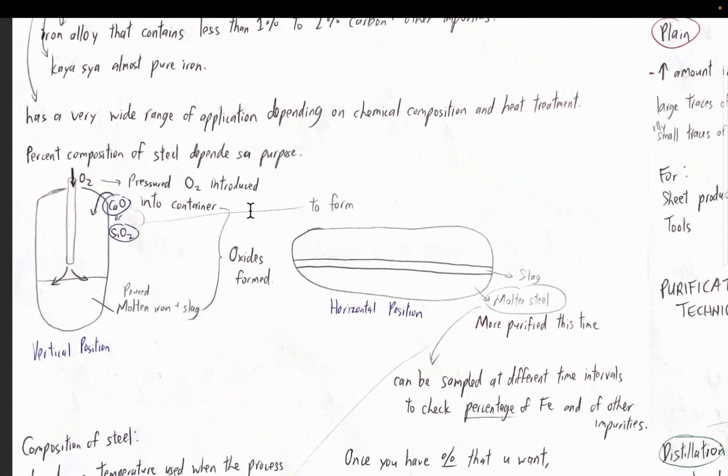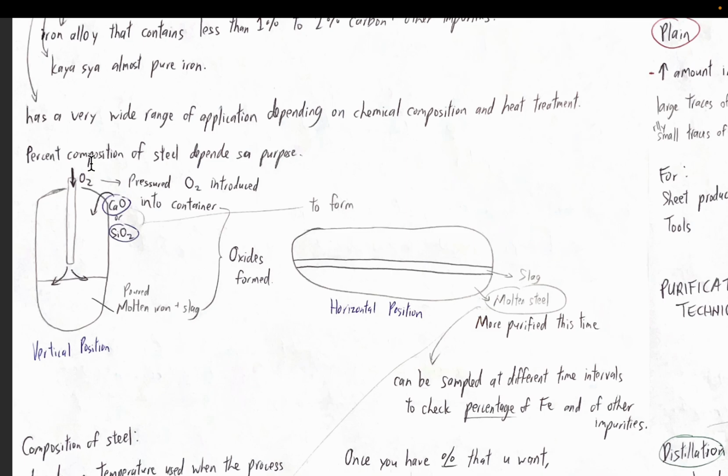I'm not sure what this is, let's say it's a capsule. I'm not sure what it's formally called, but we're still talking about a blast furnace. So this is the poured molten iron and the slag. It is still in liquid form.